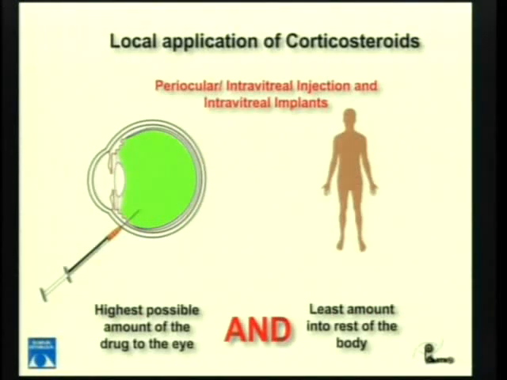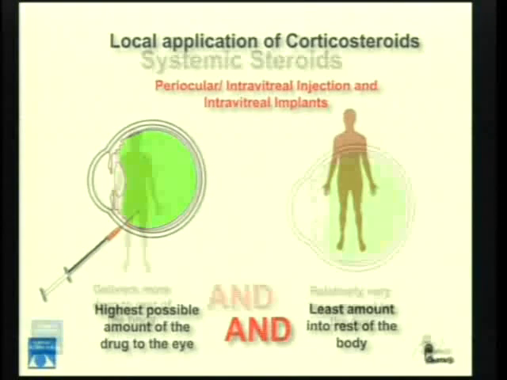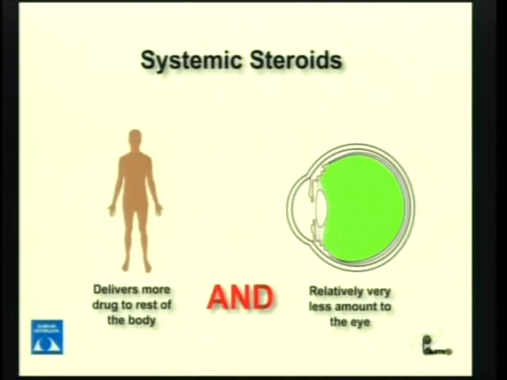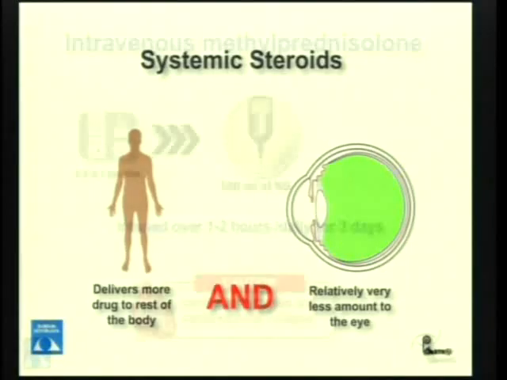With local application, the highest possible amount of the drug is delivered to the eye and the least amount to the rest of the body. Whereas in the case of systemic steroid, more drug is delivered to the rest of the body and relatively very little to the eye.